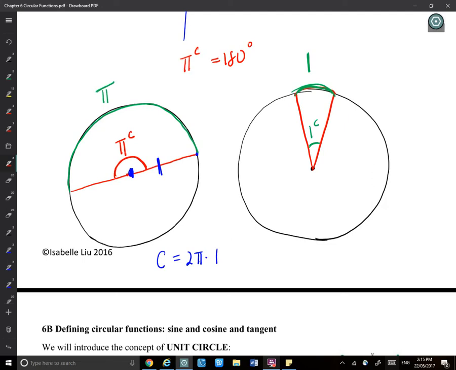The full circle is 2π, the half circle is π. The angle subtended by that arc is π radians, and that half circle is 180 degrees. So π equals 180.